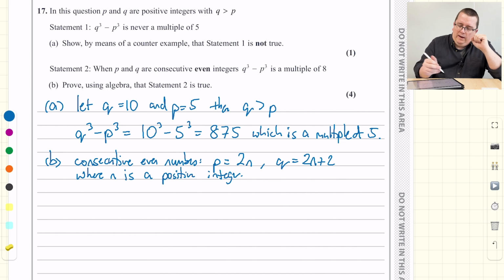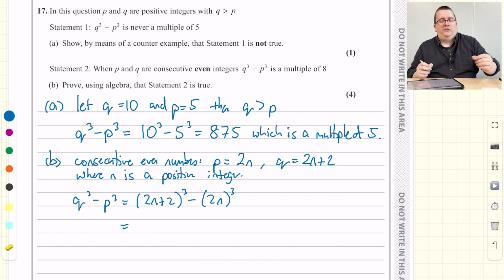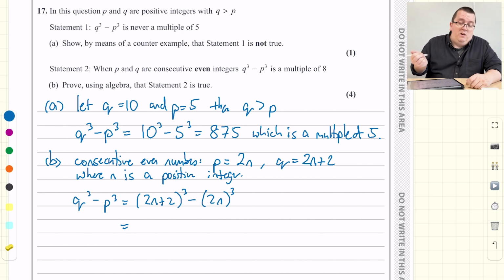Then q cubed take away p cubed will be 2n plus 2 cubed take away 2n cubed. So we need to work out 2n plus 2 cubed. Now you can do that a longer way if you like, expand out triple brackets, or you can use binomial expansion. So I'm going to use binomial expansion.